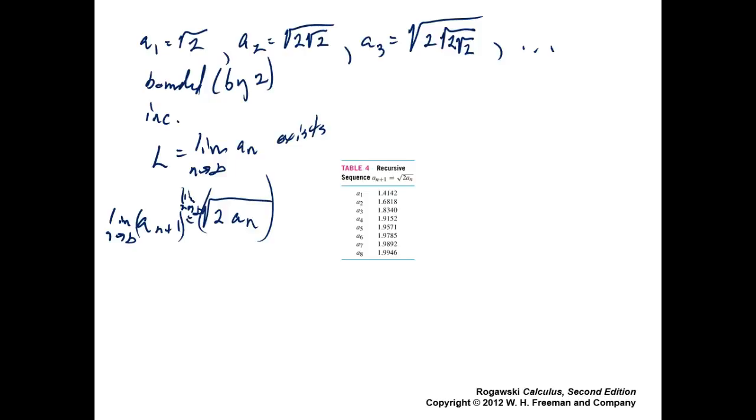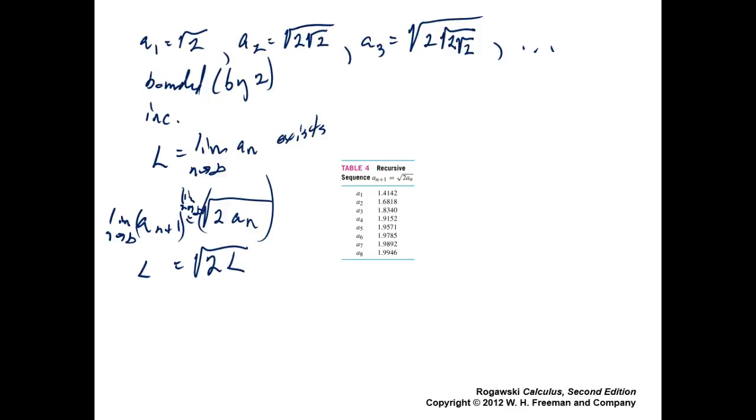Now, what that is saying is, if L is the limit of a sub n, it's also the limit of a sub n plus 1. I mean, it's the limit as n just keeps getting bigger. So L is equal to the square root of 2L, because the limit of that is L. Now that's a strange looking statement, but that is indeed true. L is equal to the square root of 2L.